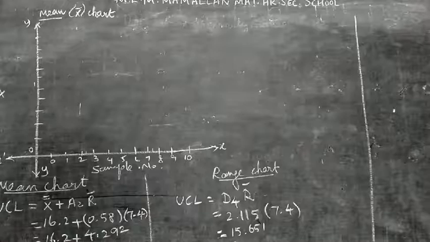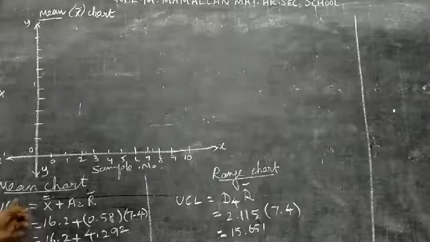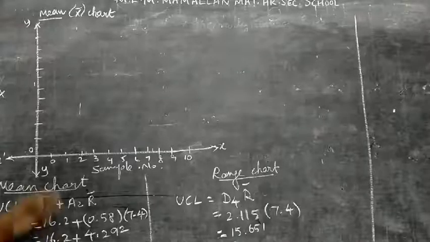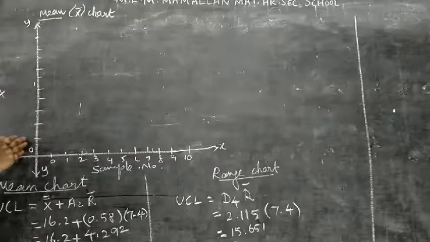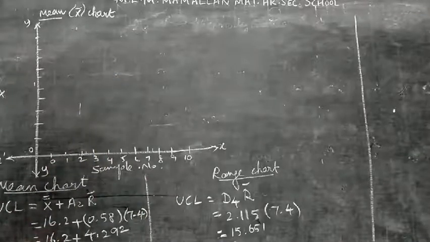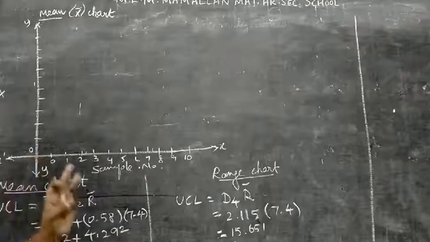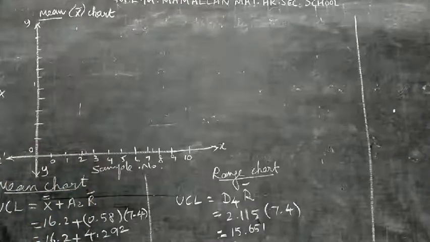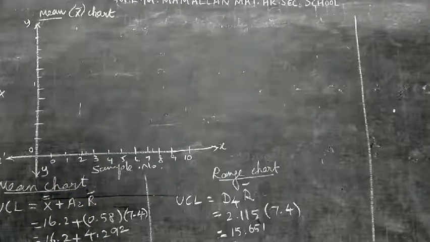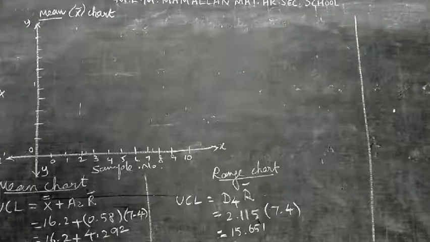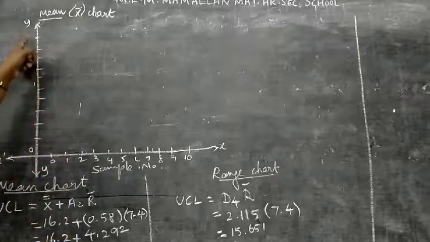At the same time you should think of the lower control limit, central line and upper control limit. Those numbers also you should keep in the y-axis, then only you can plot those lines. Okay, the first initial work is plotting the lines: upper control limit, central line, lower control limit. How are you going to do it? See, your upper control limit is 20.49, but the data in the question goes up to 18. So you should give up to 20.